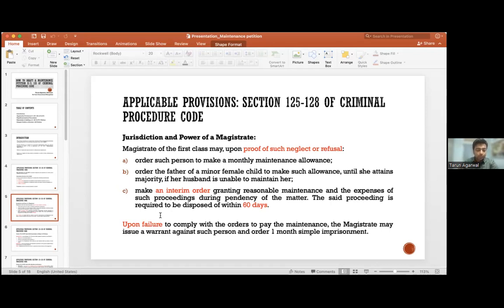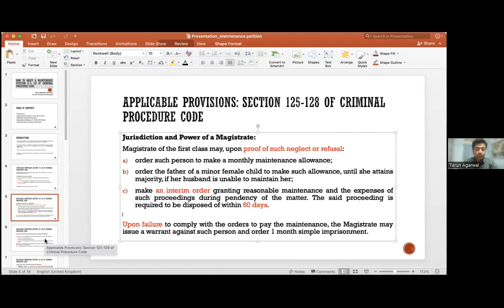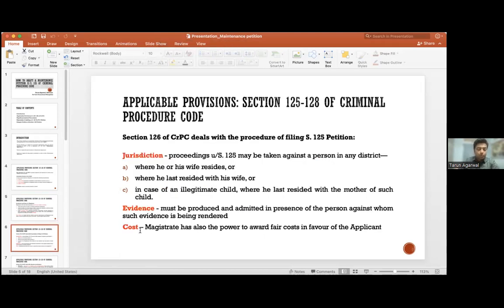Now as we know in India, there has to be some enforcement procedure for such cases. So the provision says that in case a person fails to comply with the court's order, the person may be put to simple imprisonment for a month and may be fined also. So now moving on to the next section, which is section 126, which deals with the procedure of filing such a petition, which basically talks about the jurisdiction and what kind of evidence may be produced in support of this application.